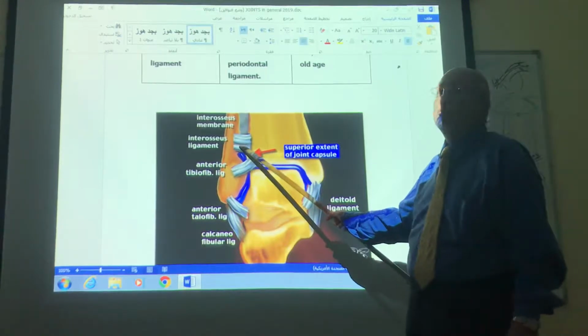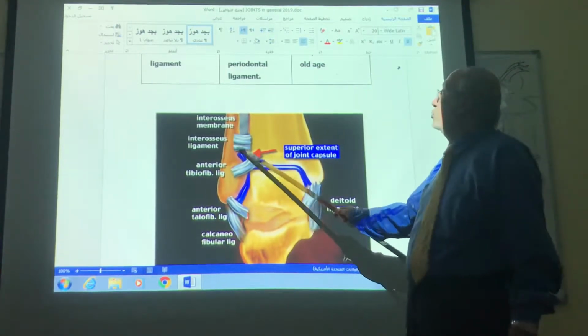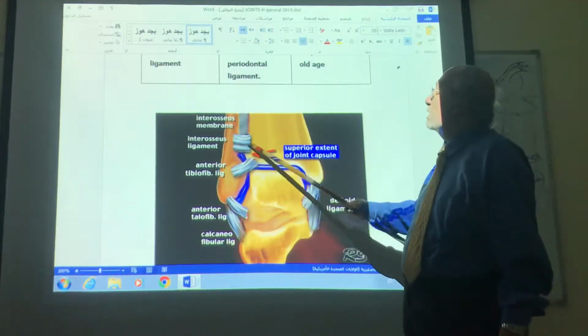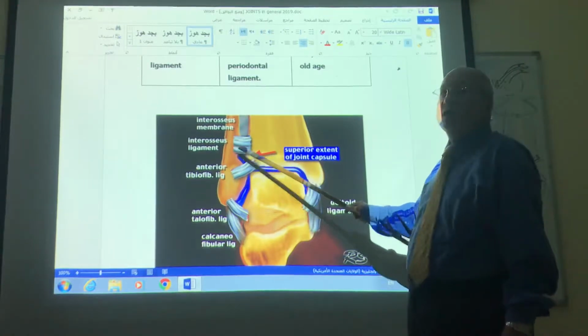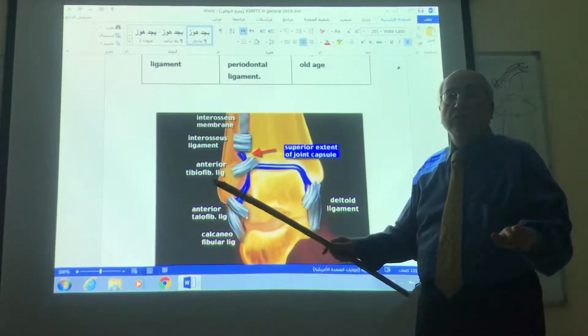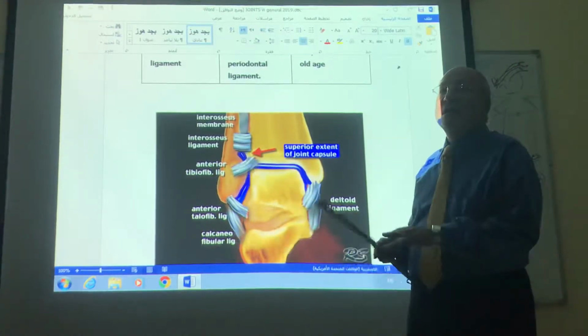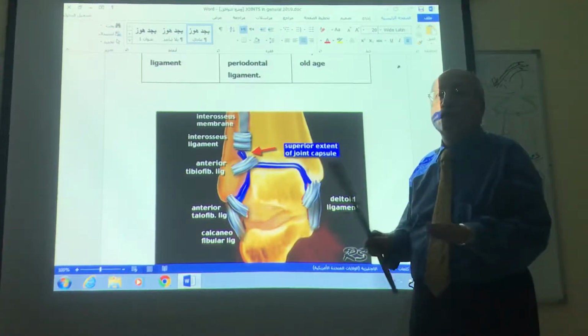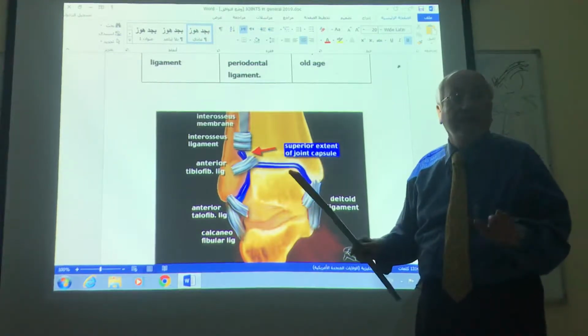Therefore, this is interosseous membrane. Because the tibia and the fibula are connected together by interosseous ligament, there is no movement between tibia and the fibula here, and this is called syndesmosis, the first type of fibrous joint.